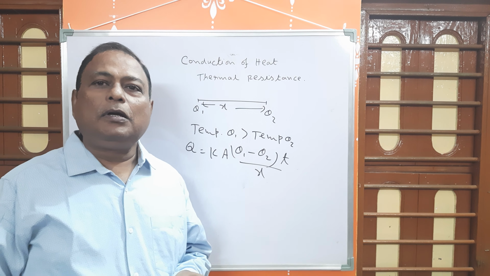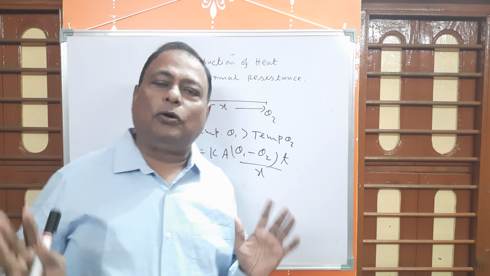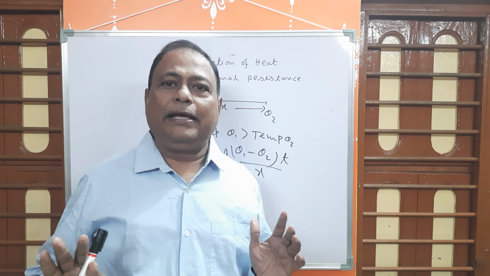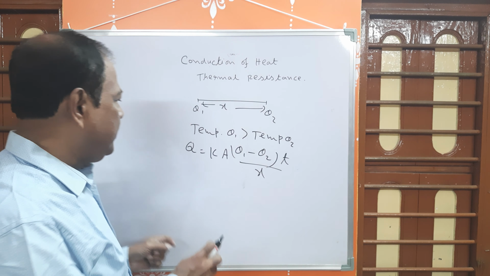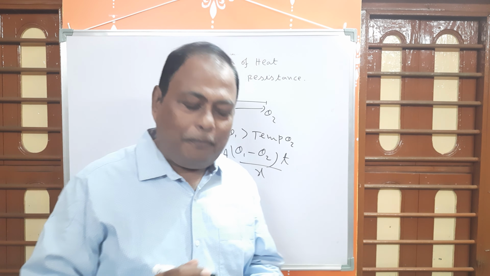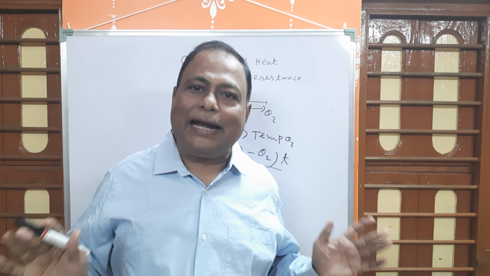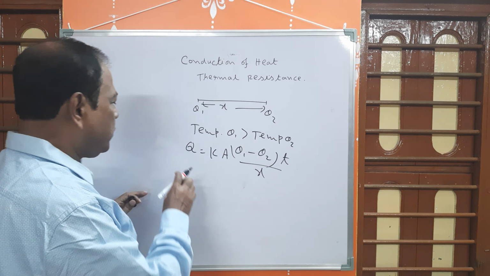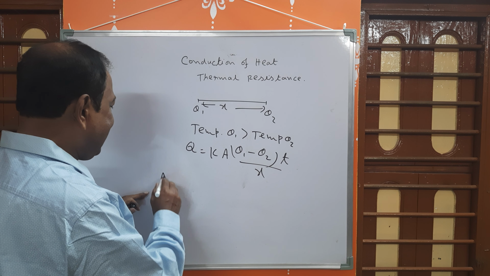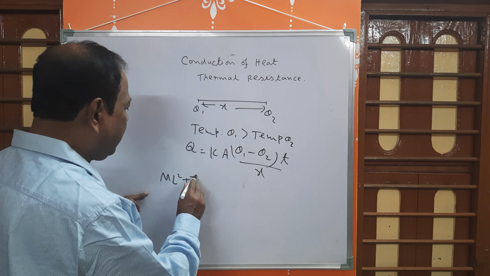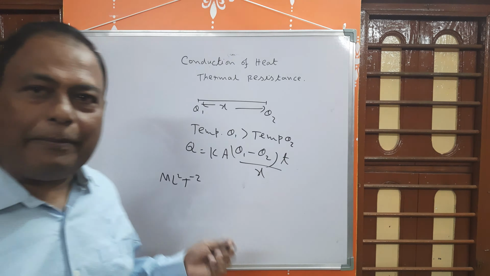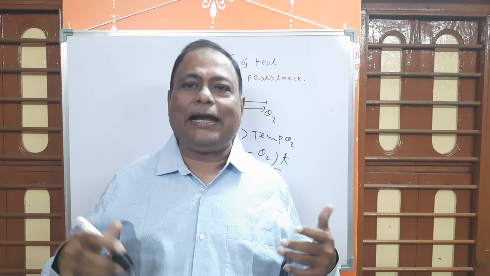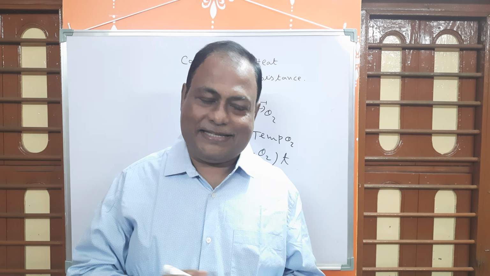In my last class also, I discussed what is the dimension of K. K is called the thermal conductivity. What is the dimension of Q? Q means heat energy. So, dimension of Q is nothing but the energy. So, Q should be M L square T to the power minus 2. All you know the dimension? Mass, length and time, and temperature theta and current A, all are the fundamental quantities.